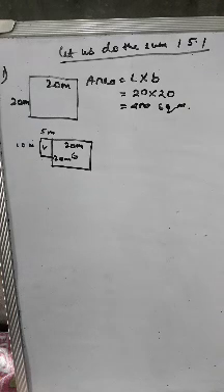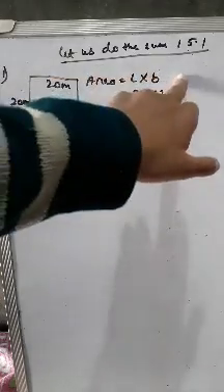Now in order to find the floor of Kamal's veranda, you have to find the area of the floor, isn't it? What is the formula for finding the area of the floor? It's length into breadth only.